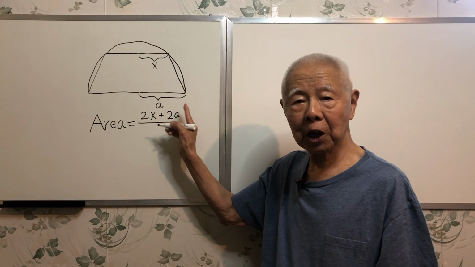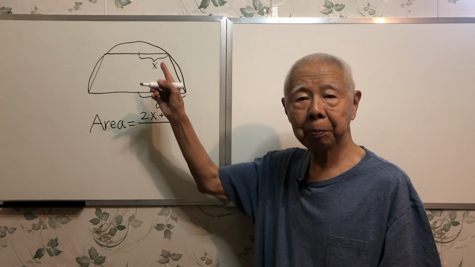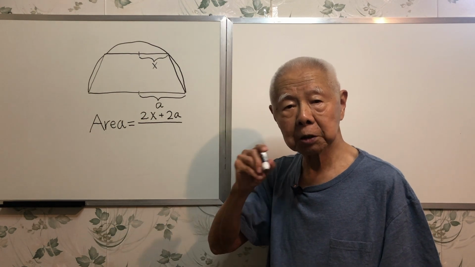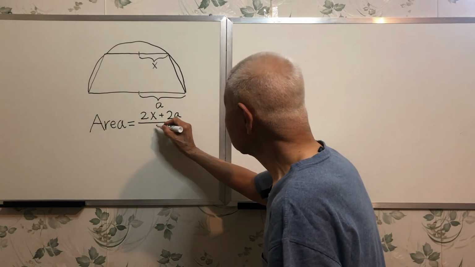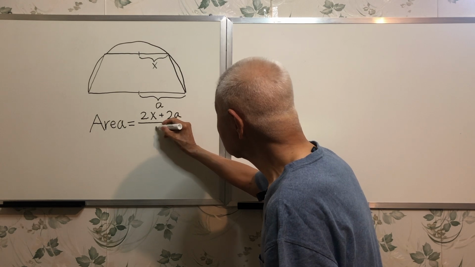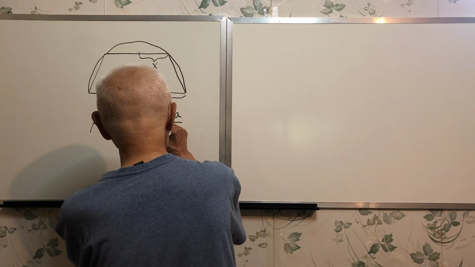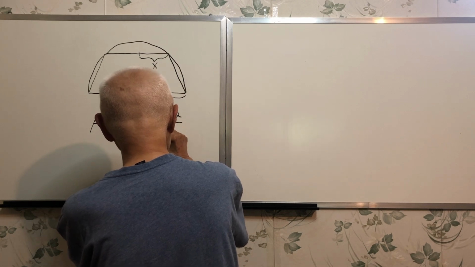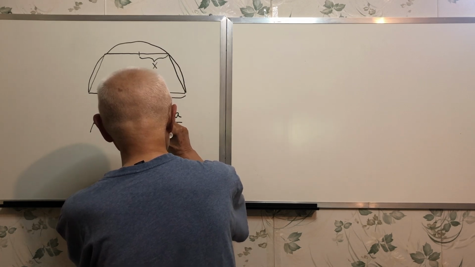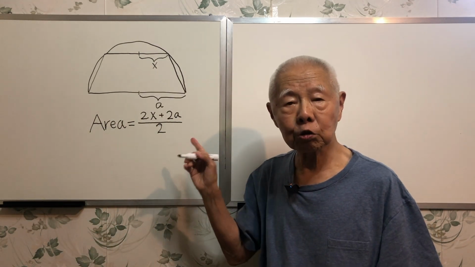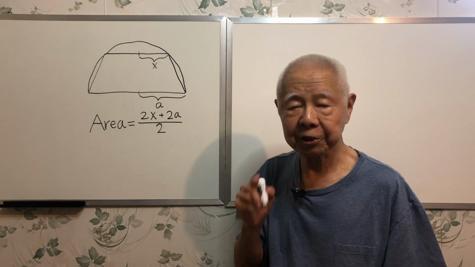Two x plus 2a is top and bottom added together. Divide by 2 and multiply the height.